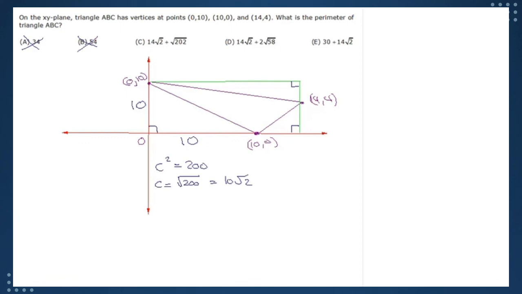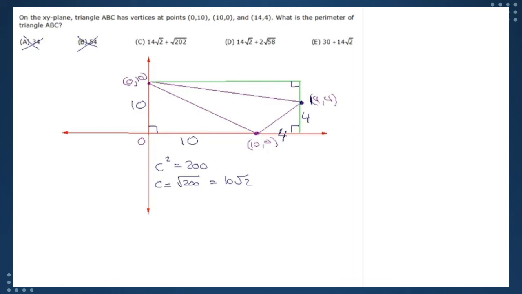Now we can go over to the smaller triangle here, and we know this line has to be 4 because we're going from 10 to 14. And we know that this line has to be 4 because this point on the far right is 14, 4.